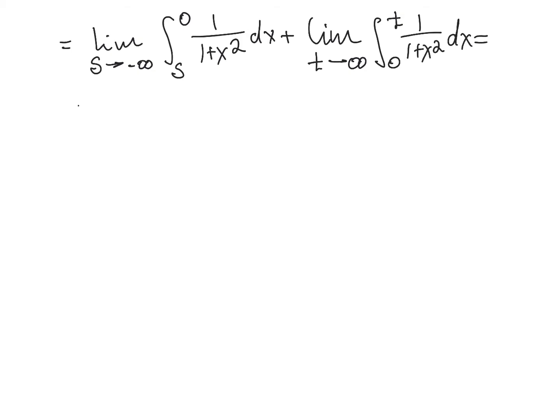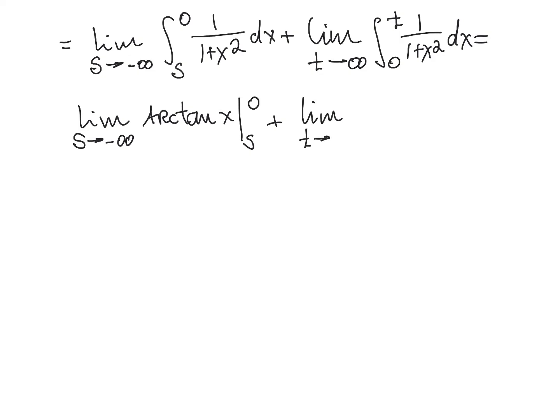So, of course, both antiderivatives are arctan of x. The first limit is the limit as s approaches negative infinity of arctan of x, evaluated from x equals s to 0. And the second, the limit as t approaches positive infinity of arctan of x, evaluated from 0 to t. And let's plug those in.